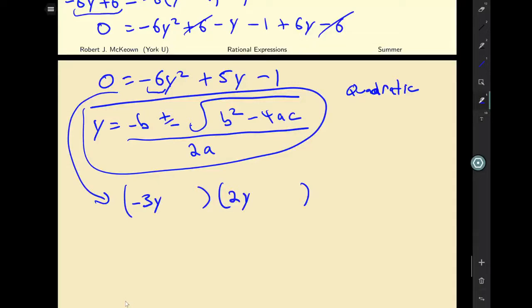And if I want 3y plus 2y, and I've got a negative 3y, I'm going to need to have my negative sign there, my plus 1 there. And that's how you could factor this problem without using the quadratic equation. If you multiply this out, you're going to get the original result.